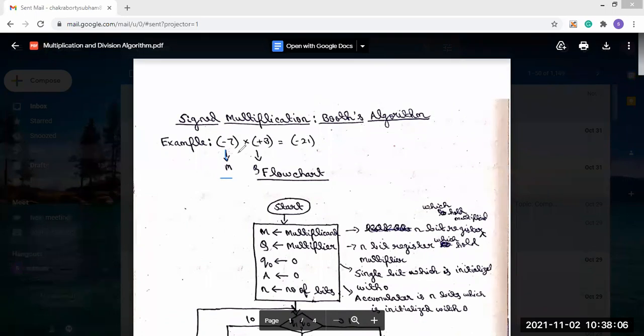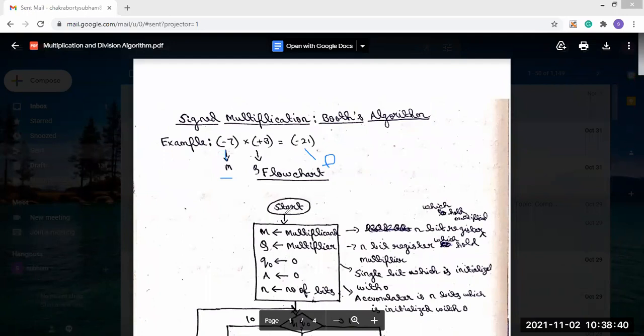And the number through which your multiplication is done is the multiplier. And this is the product. After multiplication of multiplier and multiplicand, we get the product. So the flowchart will look like that.